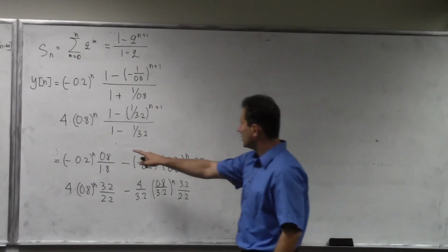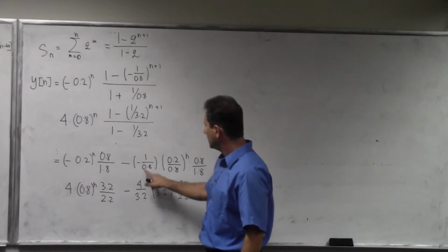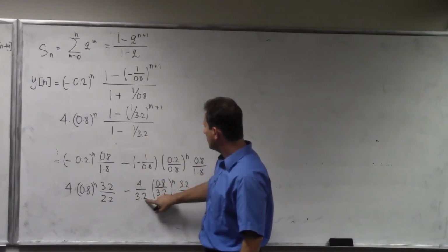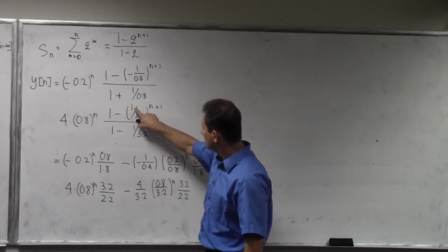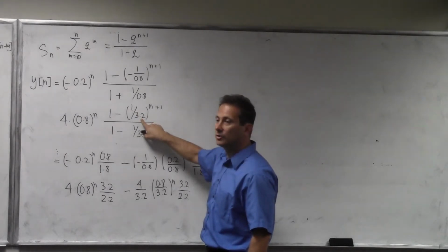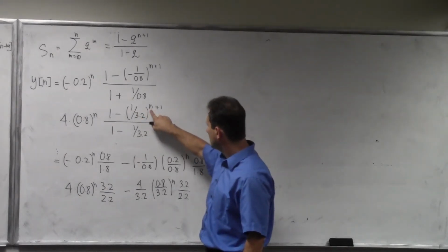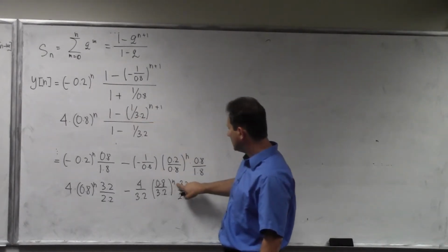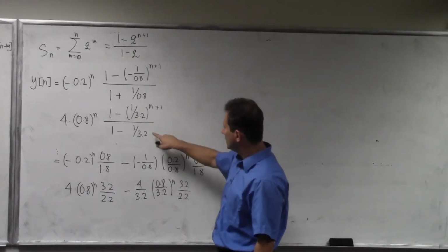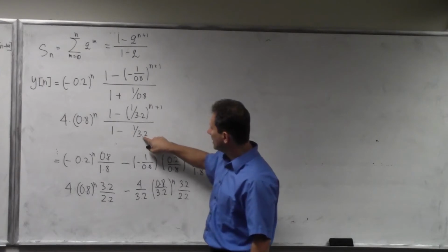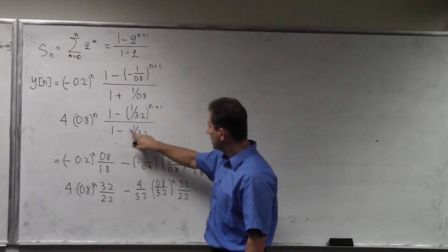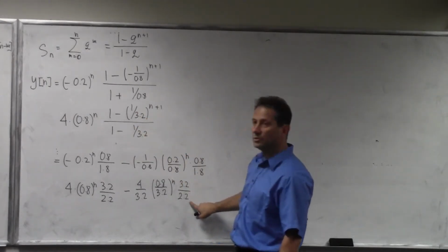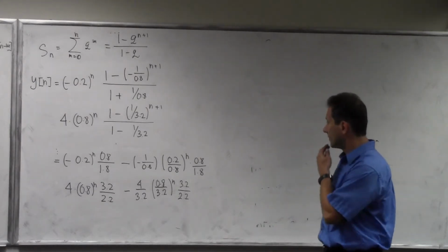Right, this 4 coming up front, then this 3.2 coming from this 3.2 here to make this n. Then I have 0.8 divided by 3.2, everything to the power of n. And at the end I have to take care of this, so I'm multiplying 3.2 top and bottom, and I get 3.2 upstairs, 2.2 downstairs.